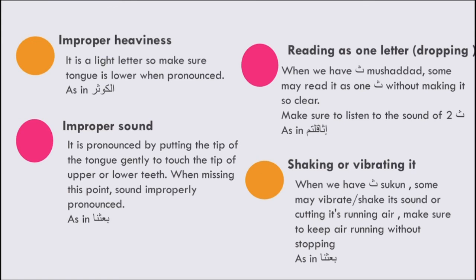Number two is cutting its sound and leaving a pause between the Tha and the next letter, like ba'ath, na. This one is wrong. Make sure to keep the sound, to keep the air continuous and on the Tha sound for its complete time, like ba'athna. Okay, so these are the mistakes that I prepared for you today.